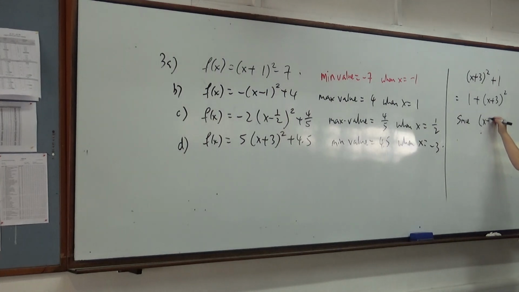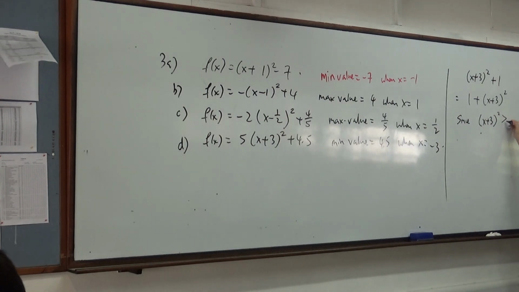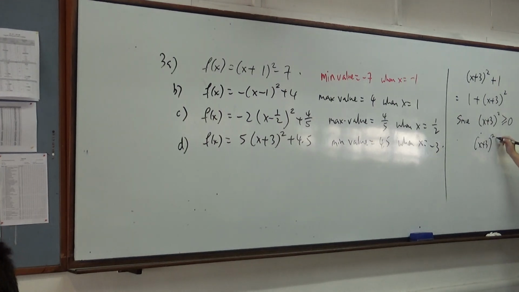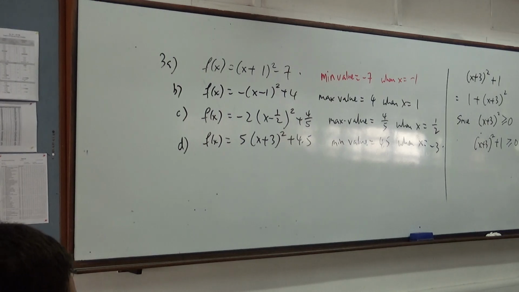Since x plus 3 squared is always bigger than or equal to 0, this will always be greater than or equal to 0. So x plus 3 squared plus 1 must be bigger than 1. Remember when I said if I add or subtract any number, the inequality remains the same? Yes or no?